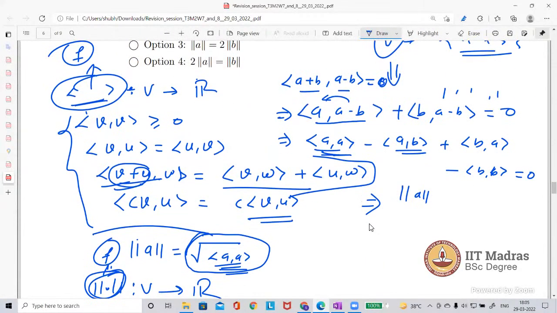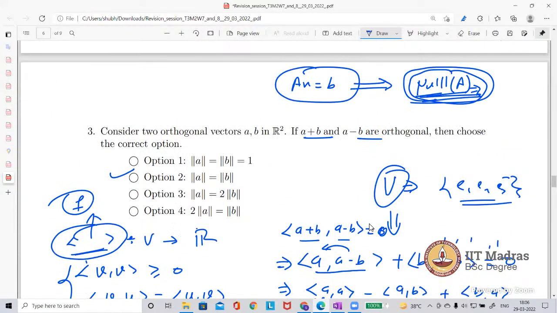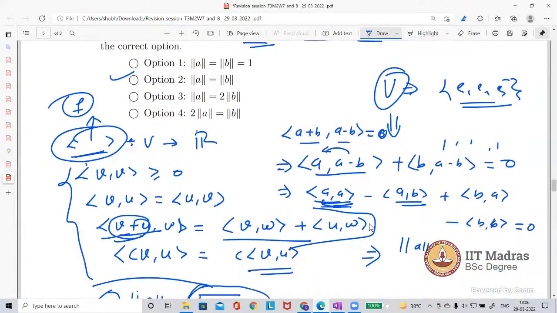Okay, so this is going to be the norm of A, and as A and B are orthogonal, this is equal to 0. This gives a norm. Sorry, there is one thing: square root.